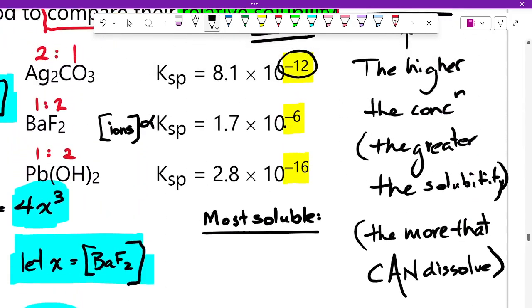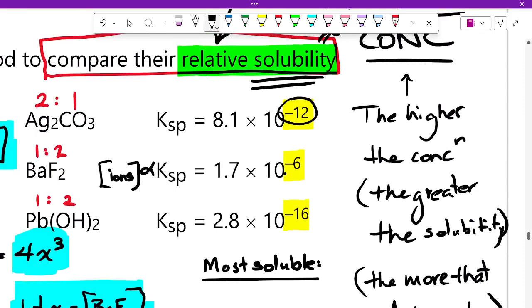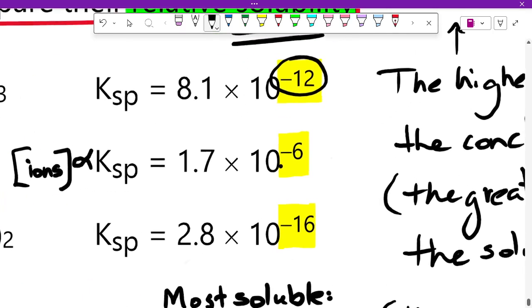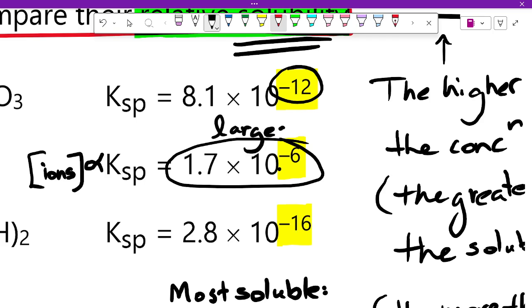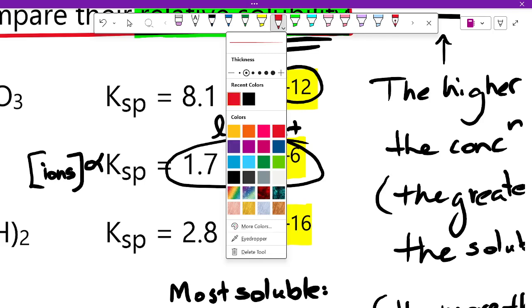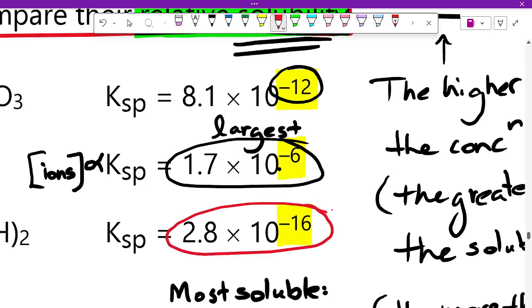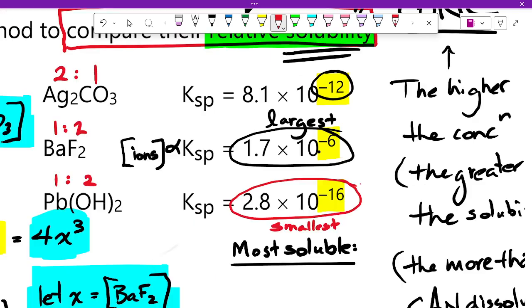So out of these things, which one has the highest KSP? Biggest KSP? These are negative exponents here. So this one here is the largest. And this one here is the smallest. So which one has the highest ion concentration?